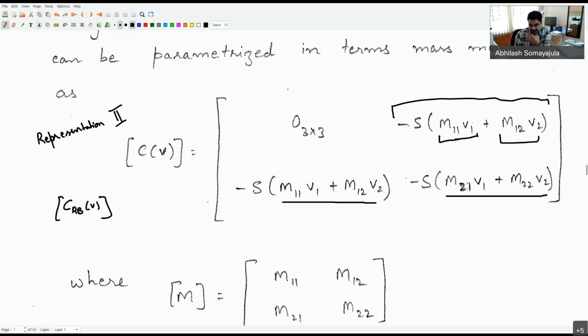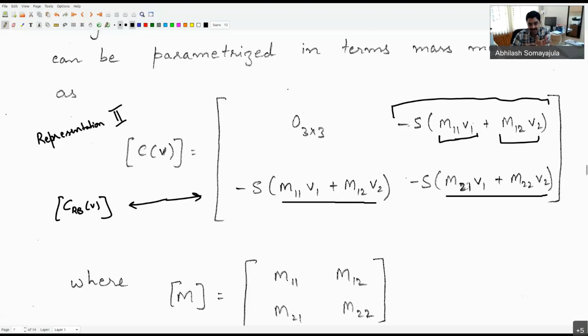That was nothing but if I do this operation, I get that same matrix. Now I'm telling you this, but I encourage you to go back and try it out yourself if you're not convinced.